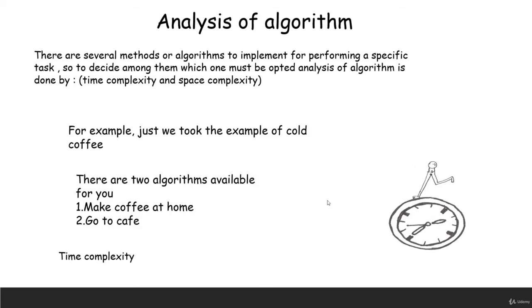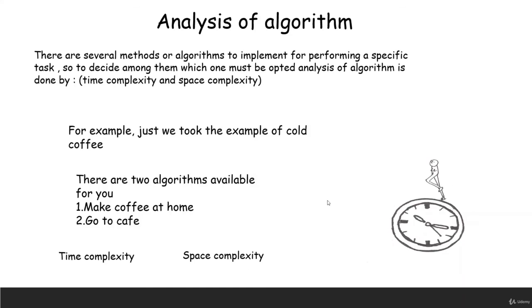Making coffee at home is really time consuming, as you will go to the market, purchase whatever requirements you need to make coffee, and then you will come home and make coffee. But going to the cafe directly and having coffee takes less time, right? This is how the analysis of algorithm works. And the next term is space complexity. We will discuss both these factors in upcoming sessions, so don't worry.